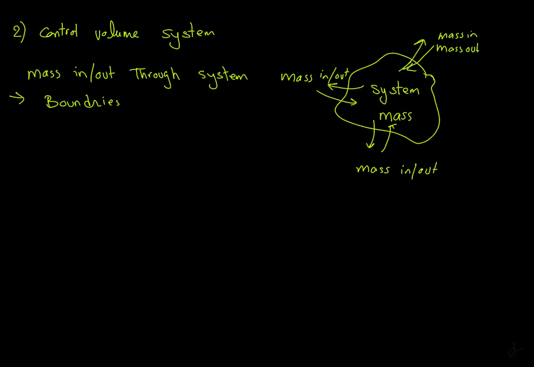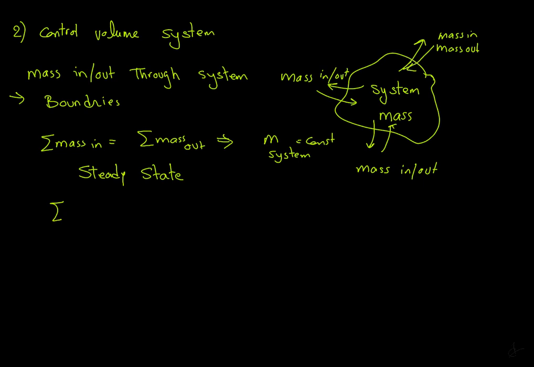If the summation of all the mass in equals the summation of all the mass going out of the system, I can say that the mass inside the system will remain constant. You can imagine a tank with multiple openings and mass going in and out, but the summation of all the masses going in equals the summation of the masses going out, so the mass inside that tank will remain the same. And this is what we call the steady state situation.